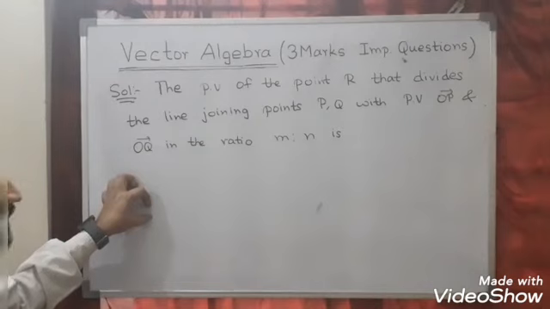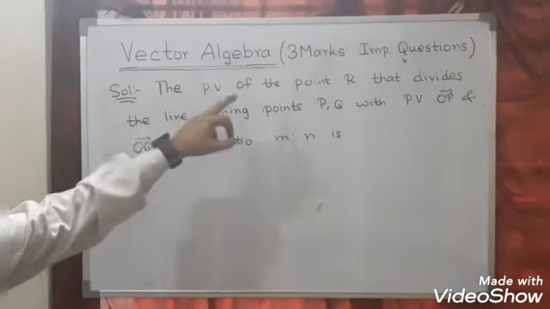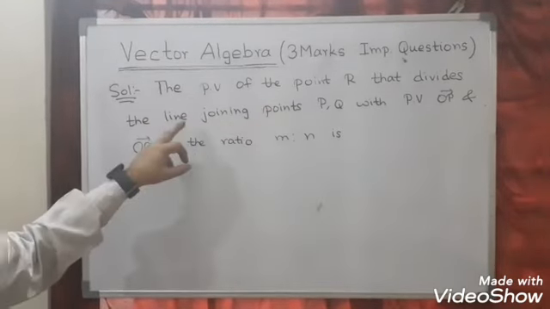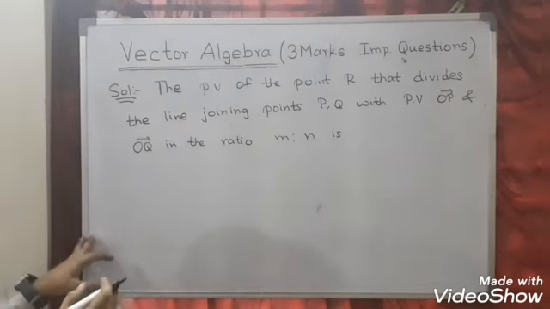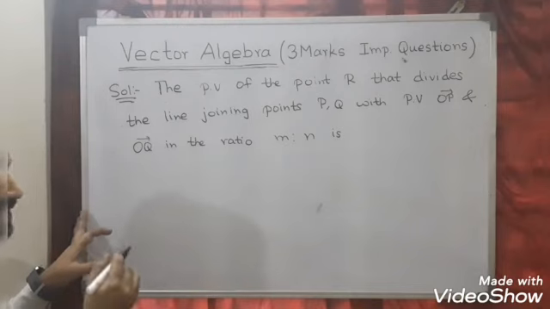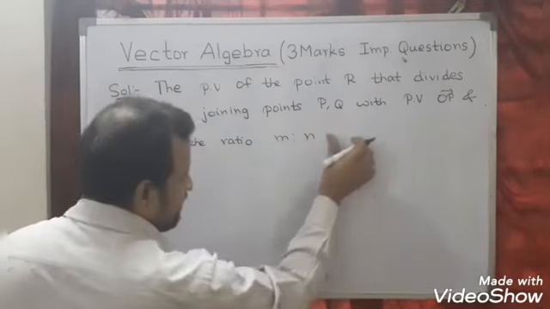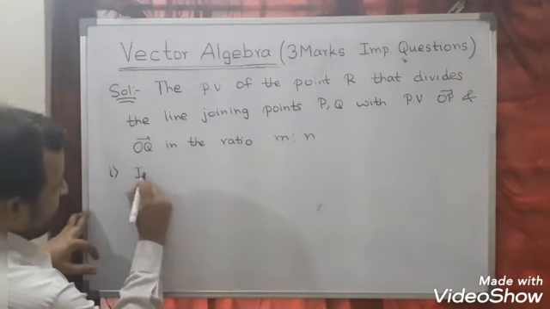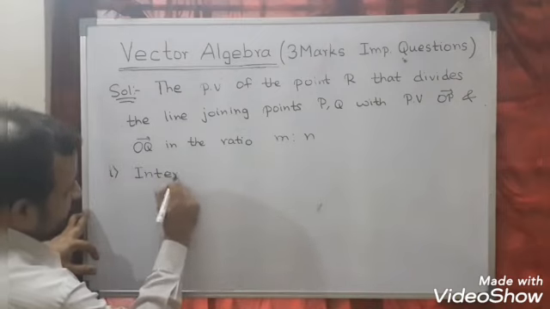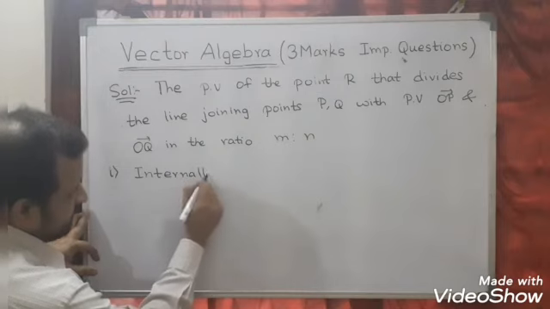The solution here is the position vector of the point R that divides the line joining the points P and Q with position vectors OP and OQ in the ratio m:n internally. So first we have to find it when it divides internally.